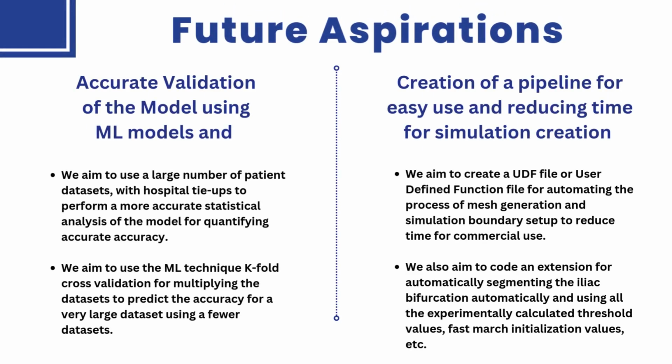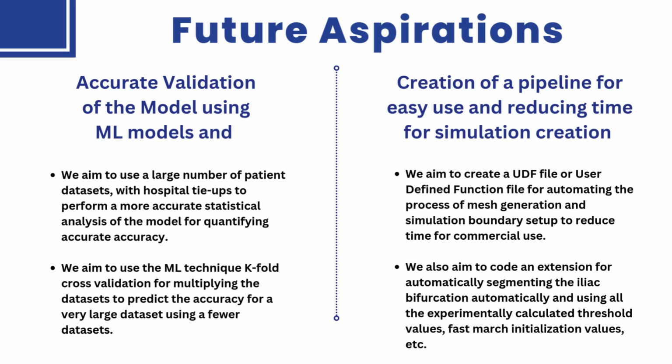For future work, use machine learning techniques like k-fold cross validation on all those data sets to present more accurate metrics relating to the accuracy of the model, and also incorporate it in clinical practice.